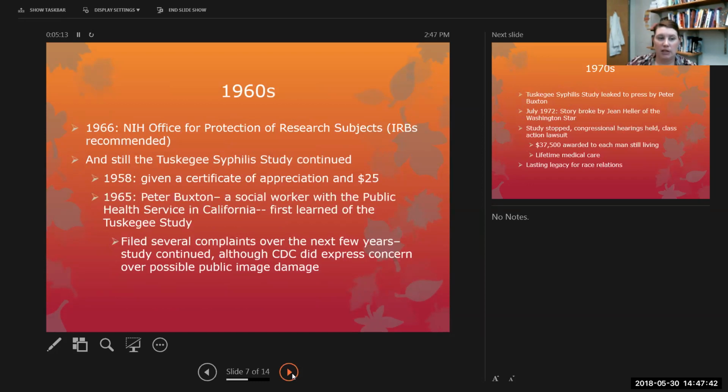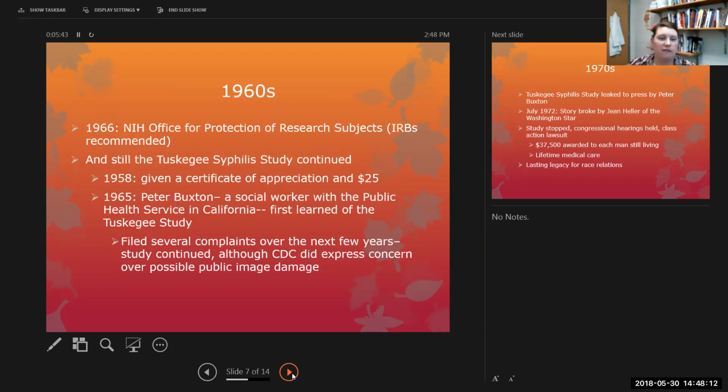And even at this point in 1966, the Tuskegee syphilis study was continuing to happen here in the United States. In 1958, the people that participated in that study were given a certificate of appreciation and $25 to kind of compensate them for their role in the Tuskegee syphilis study.